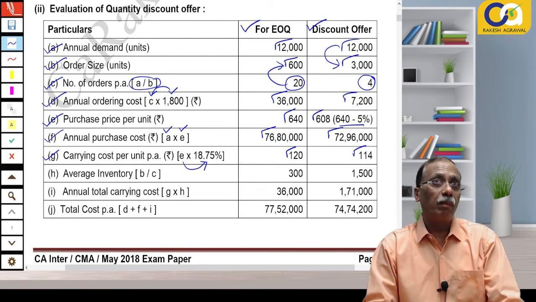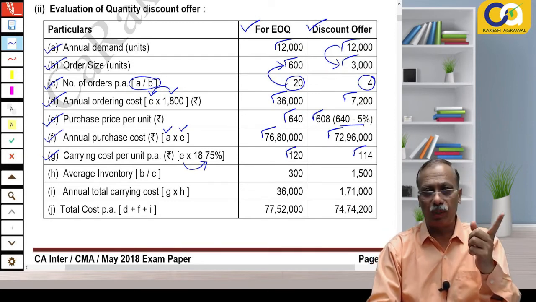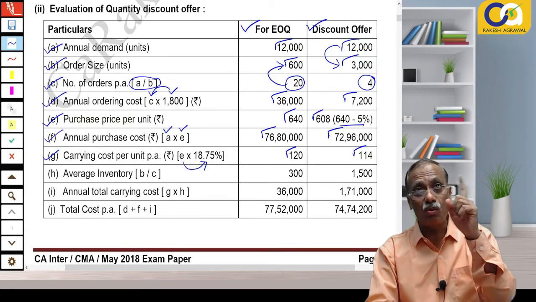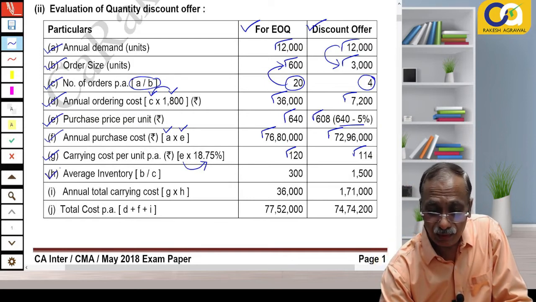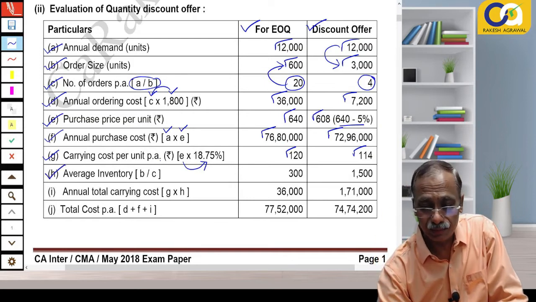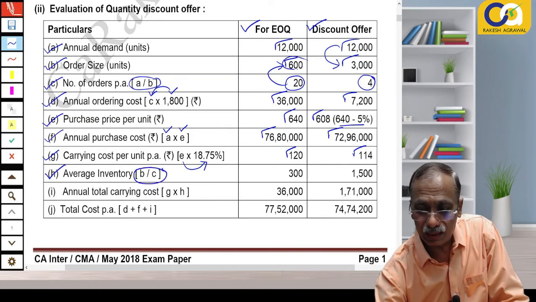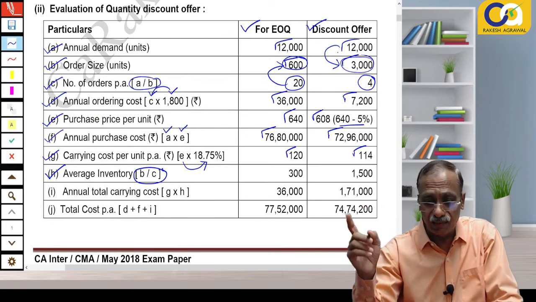Now I hope you remember that carrying cost per unit per annum is to be multiplied by average inventory to convert it into total carrying cost. Average inventory is half of order size, so it is B divided by 2. B is your order size, that is 600 and 3000, divided by 2.